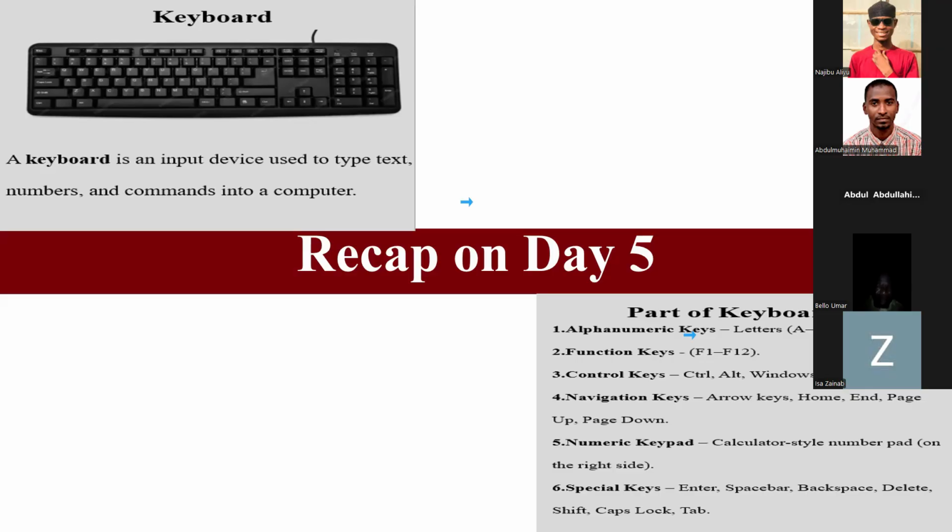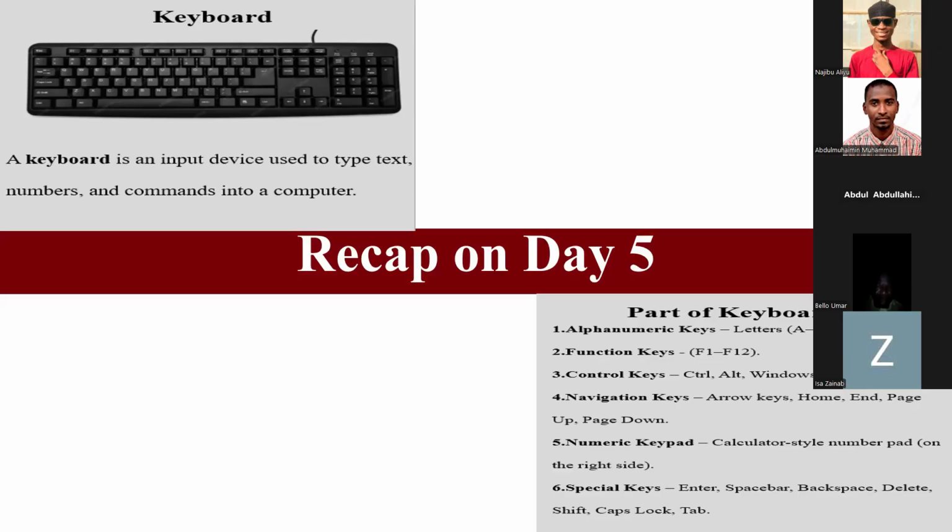Then navigation keys. We have arrow keys, which are movement keys: up, down, right, and left. We can scroll our cursor using these four movement keys. Then we have Home and End.